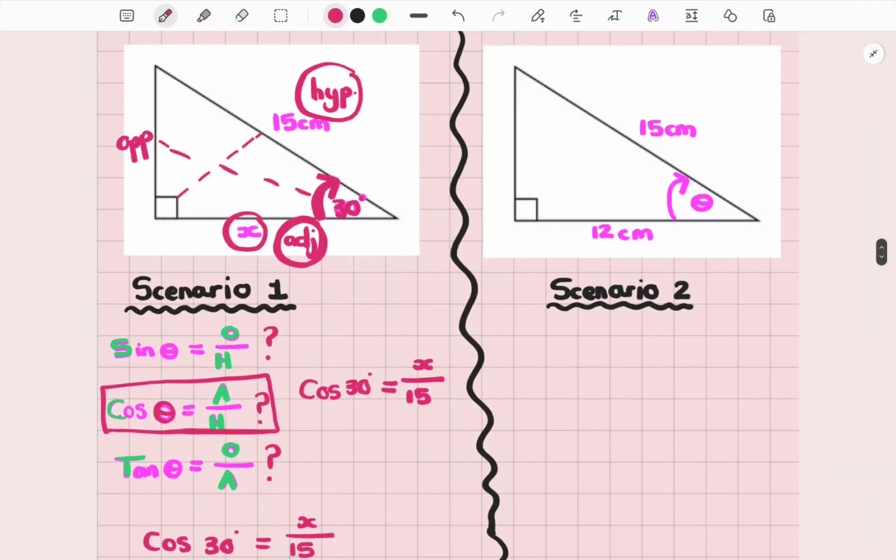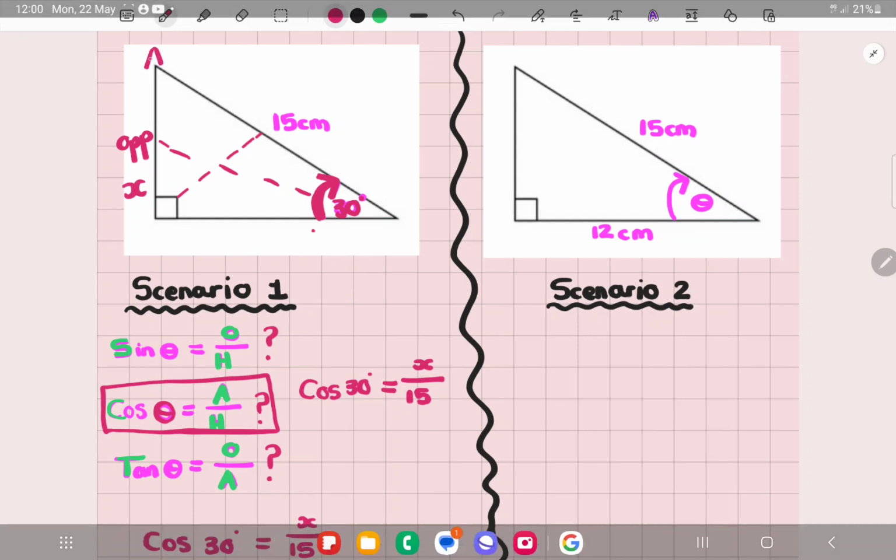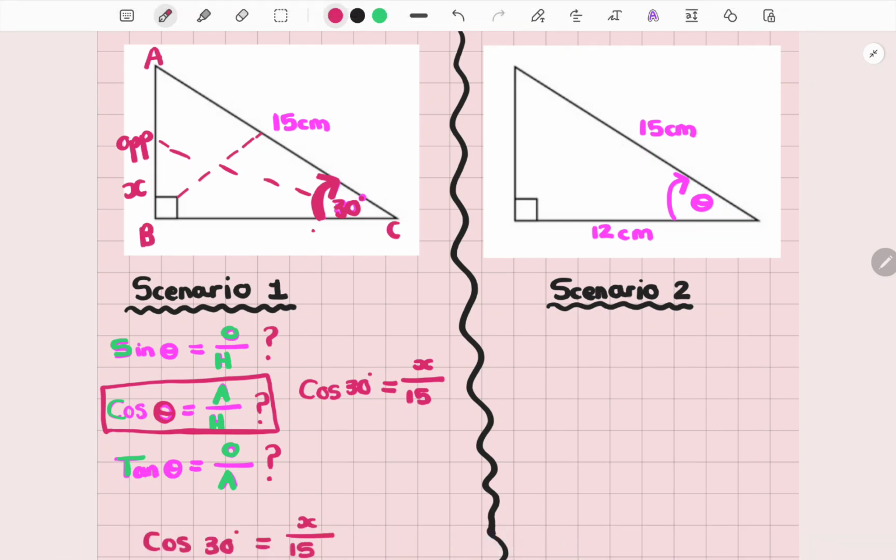Let's quickly look at what happens if I change the x and I am looking for this side over there. I'm asking you to calculate AB, which represents x. Now which trig ratio are we going to use? We've got the opposite over the hypotenuse, so it's sine. Sine theta is equal to opposite over hypotenuse.